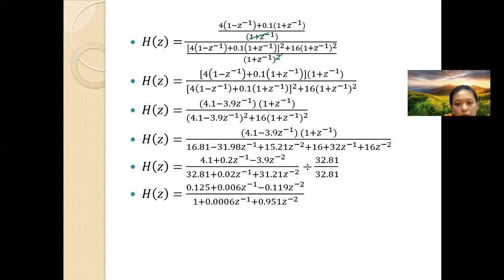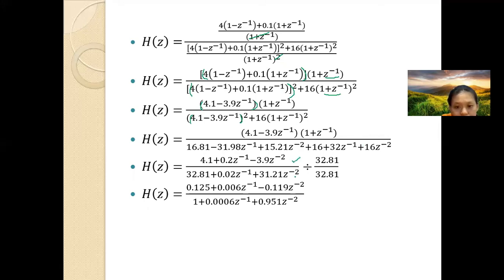We will multiply the numerator and divide with our denominator, and then we expand it. For this part, we expand it, and we will get 4.1 minus 3.9 z^-1. For the below, we also get the same answer, just to the power of 2. And then 16 we write back, and here we also write back. Then we expand again for the below denominator, and we expand the above again, so we get the answer in here.